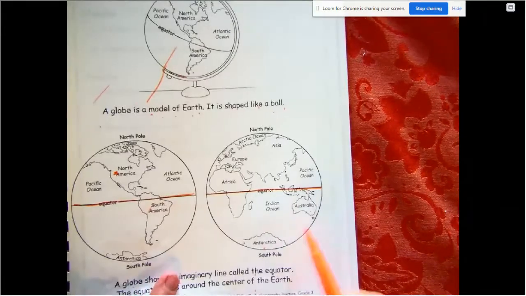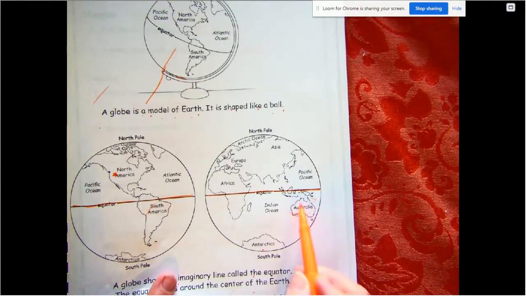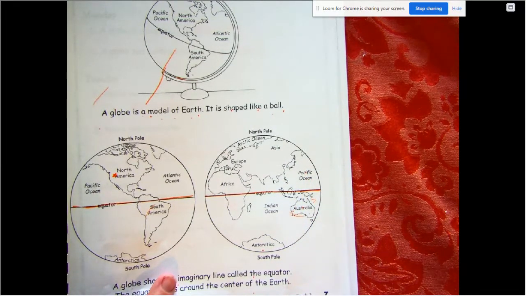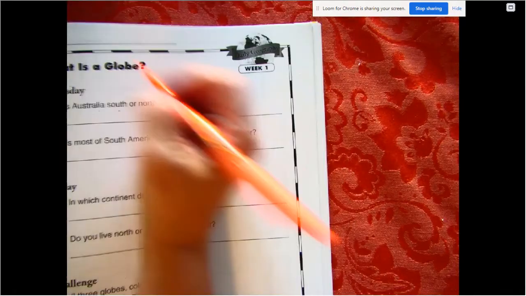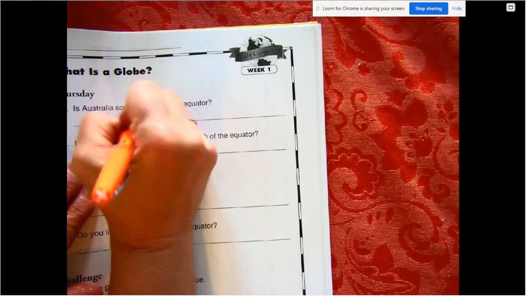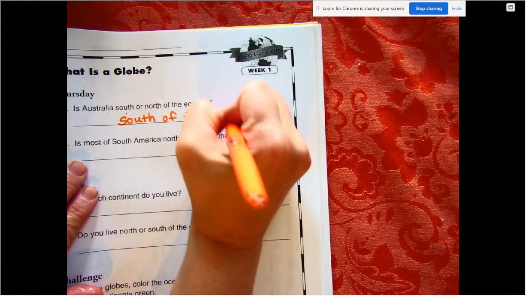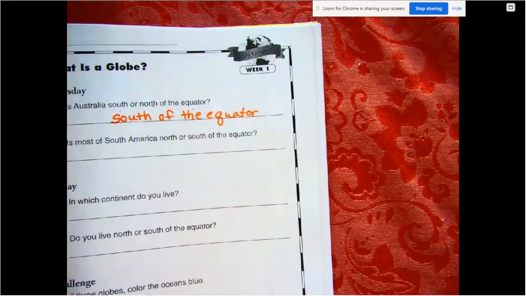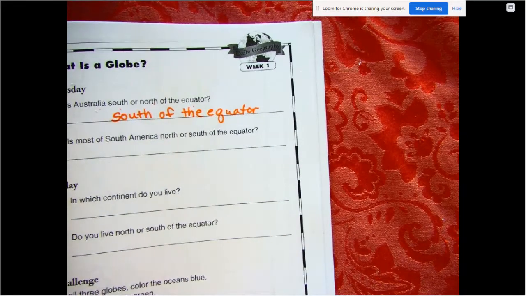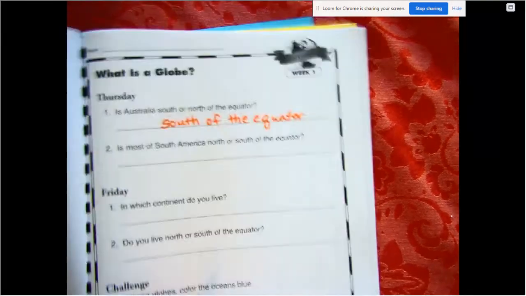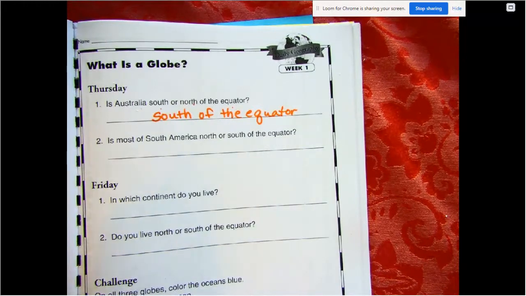And Thursday says, is Australia south or north of the equator? Okay, let's go back to our page. Let's find Australia. There's Australia right there. Is it north of the equator or south of the equator? It is south of the equator. Okay. Number 2, is most of South America north or south of the equator?